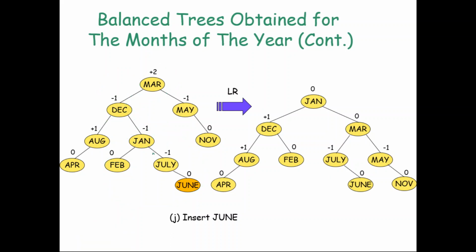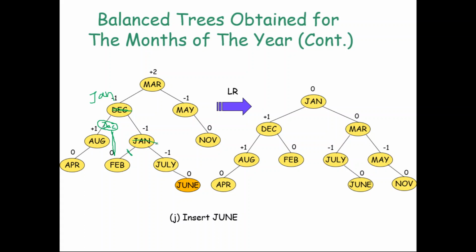I think there are a lot of strikeovers here. So if you want me to explain again, first we are left rotating this. Okay. When you left rotate this, this becomes Jan. December comes here, and this Feb will become the right child of December. Okay, there is no connection here anymore.